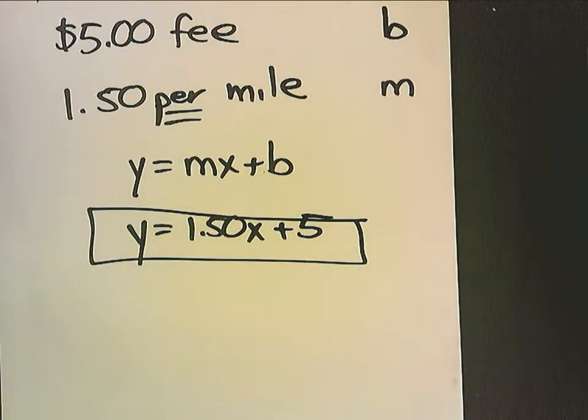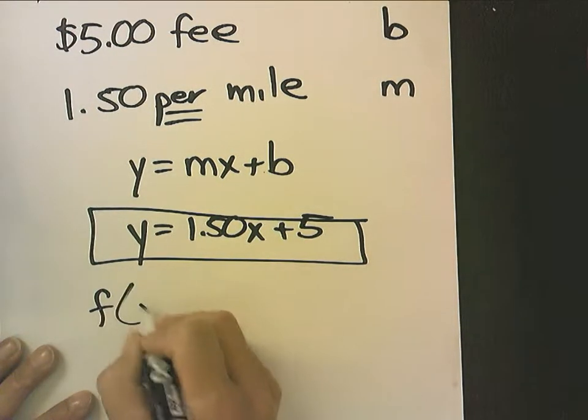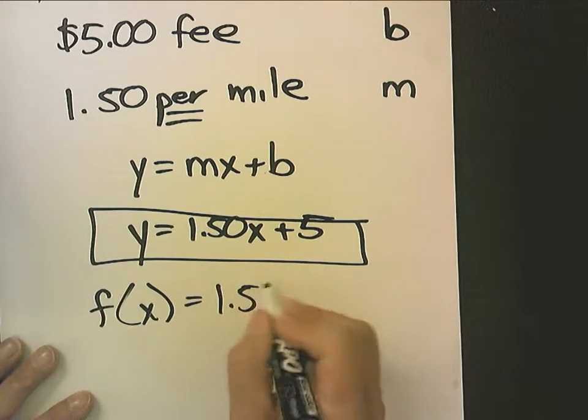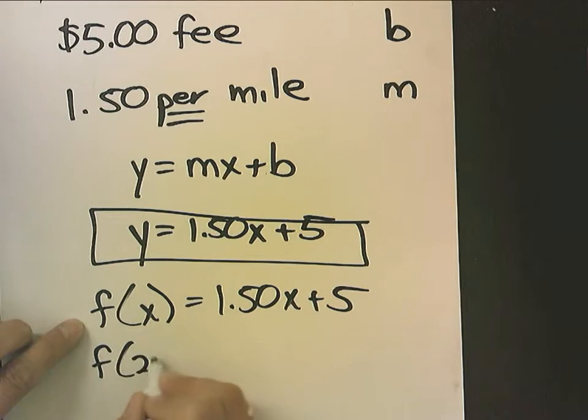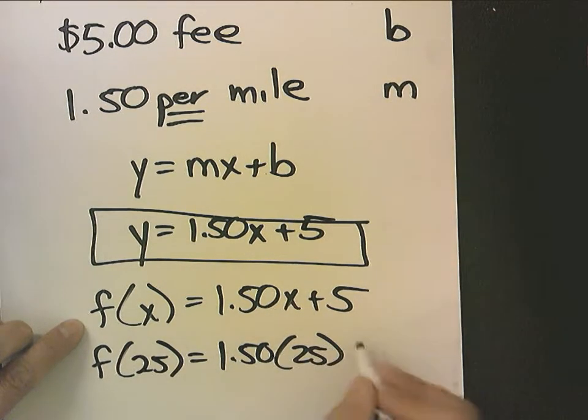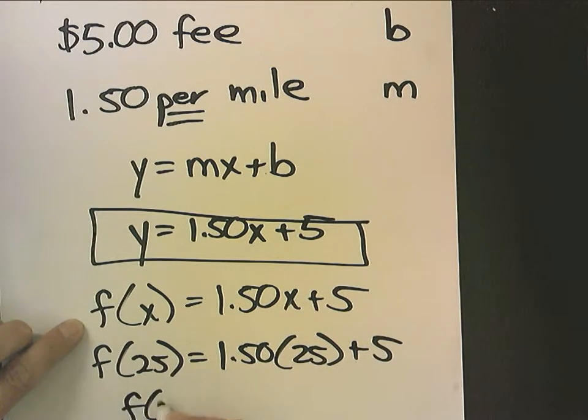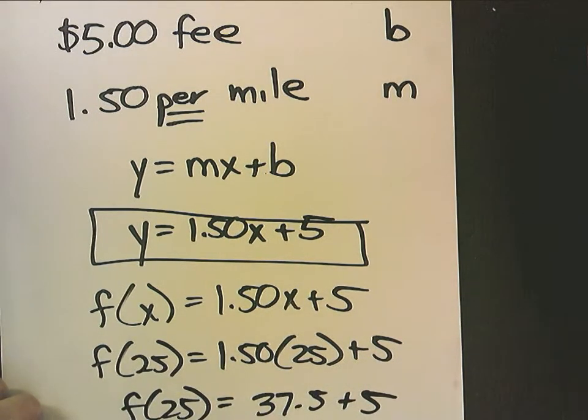Then it says, how much would a 25-mile trip cost? Now, I could change this to function notation. Remember, function notation is where you can show f of x instead of y. Now they want to know, what if x is 25? So I plug in 25 for x, and y would be 42.50.